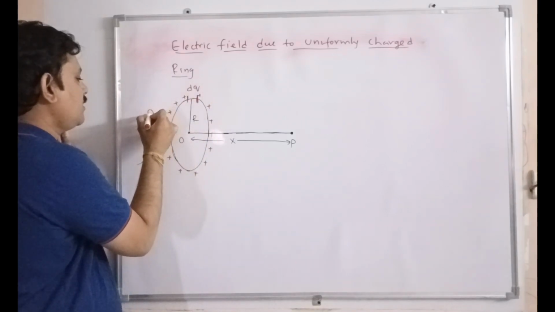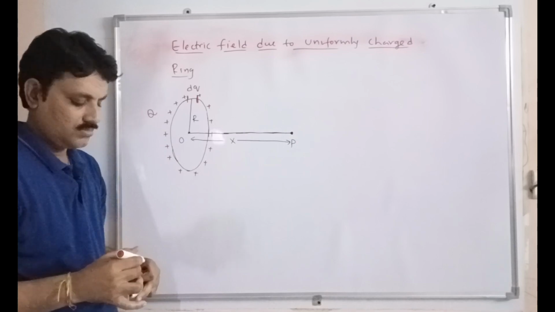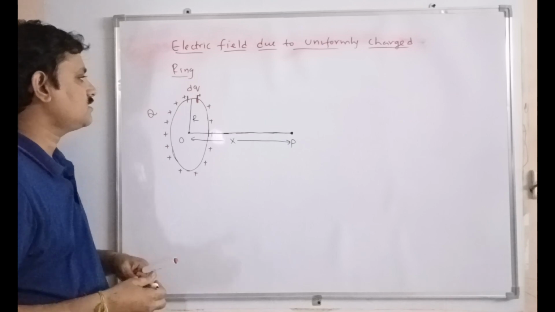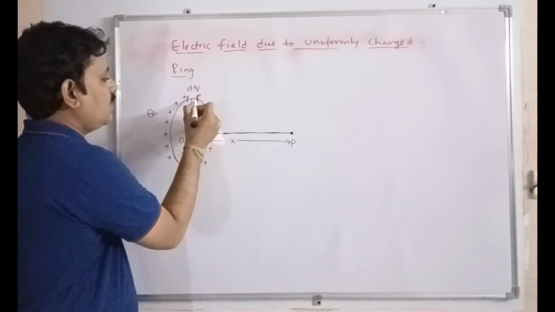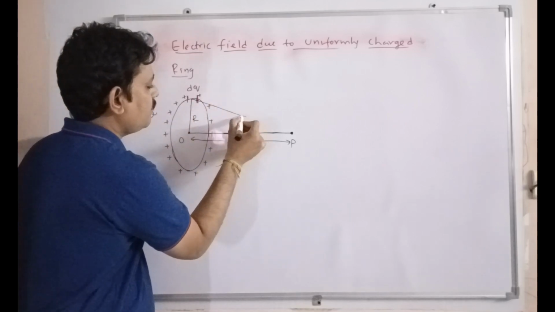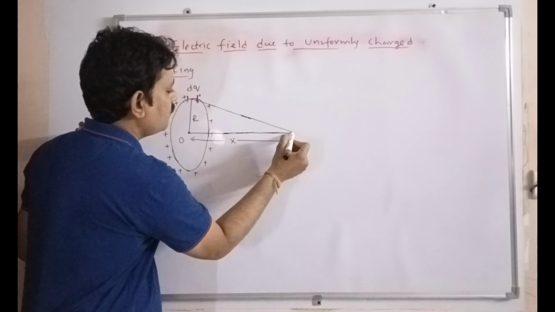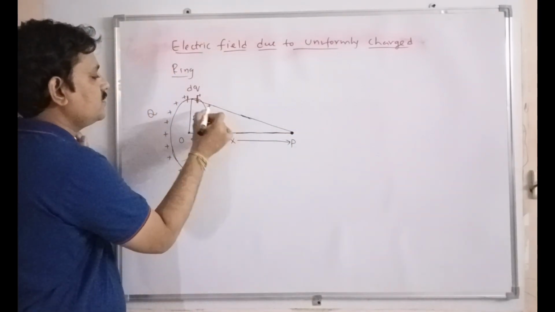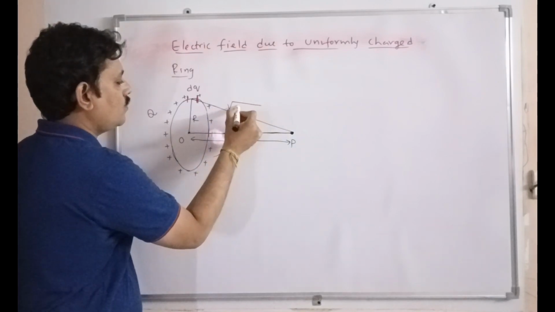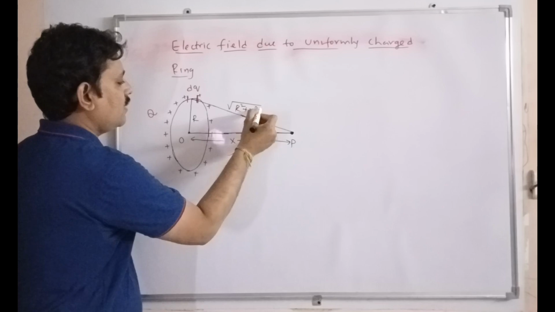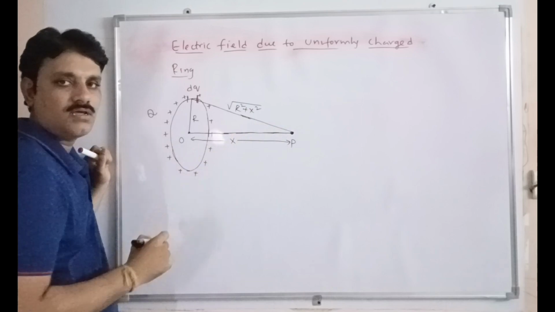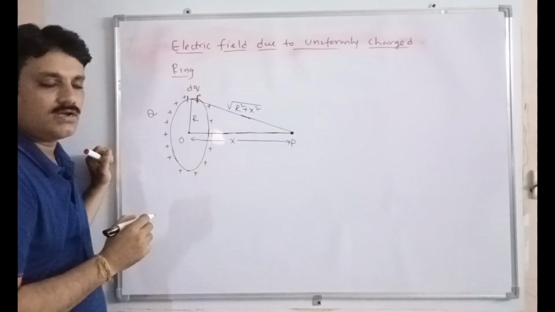Suppose the total charge on the ring is Q. The small part we choose on the ring has charge dq, and the distance from dq to point P is root of r square plus x square, because r is the radius of the ring and x is the distance of the point where we are going to calculate the electric field.